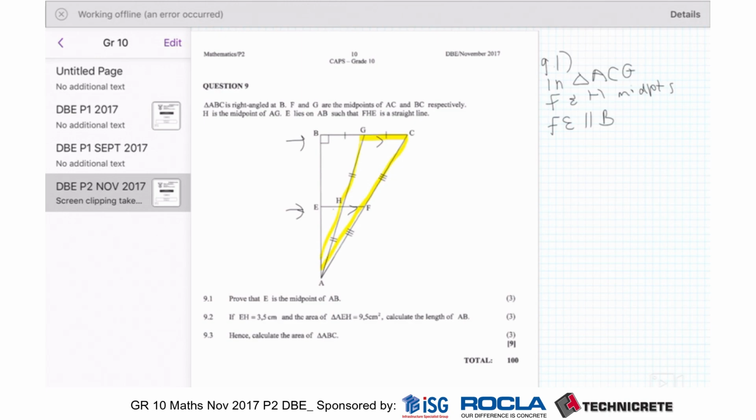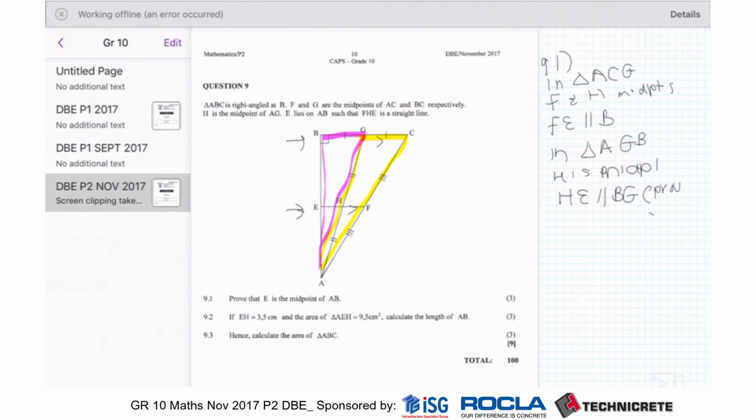Therefore, we're going to say in triangle AGB, so we're looking here now, AGB, okay. H is the midpoint. Therefore, HE is parallel to BG, which we have previously proved.